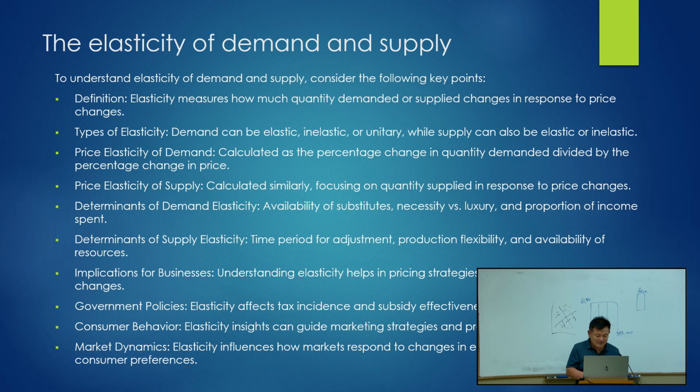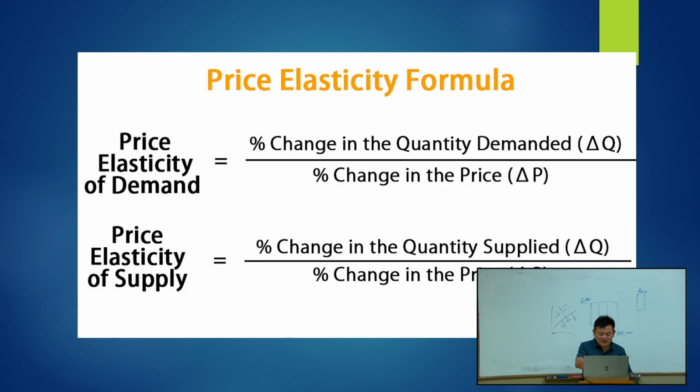So how do we calculate that? This type. This is real. Price elasticity of demand, price elasticity of supply equation. How do the variables change? These are for elasticity of supply and demand.